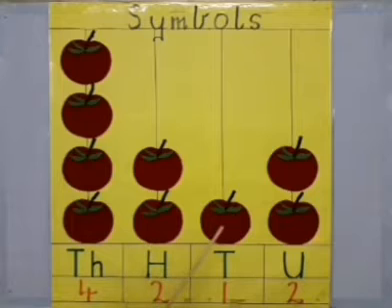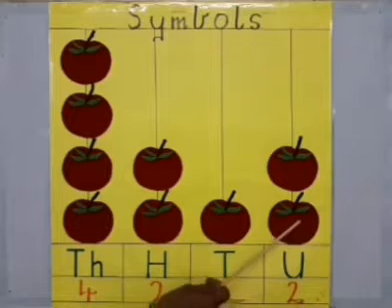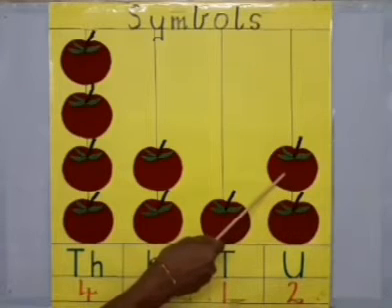Now the same picture symbol for the tens place. Now here I have only 1 tomato in the tens place. So the value of this 1 tomato is 10. So I will write the number 1. Now the same picture symbol in the units place. Now here I have 2 tomatoes.